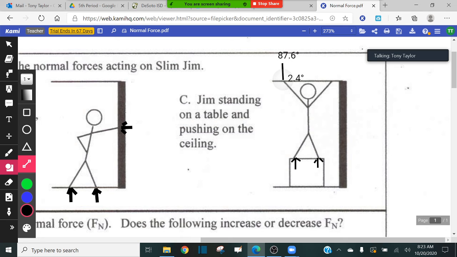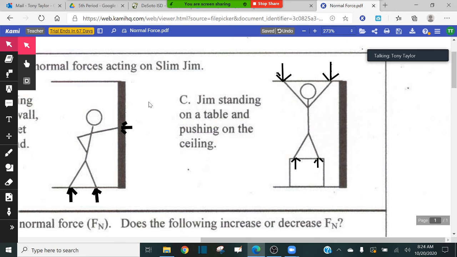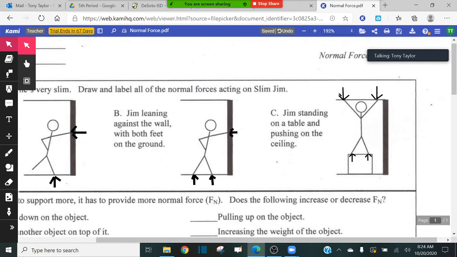So there's a force from the ceiling pushing down on him here. Again, that's the surface of contact. And then there's another force acting here because this is another surface of contact. So hopefully that gives you an idea of how to draw your normal forces in the correct directions.